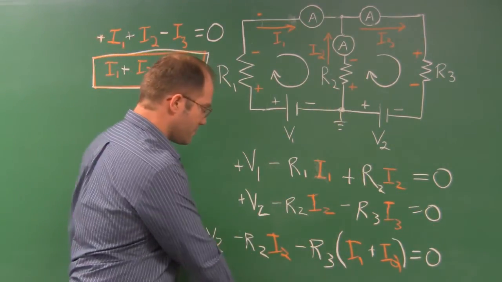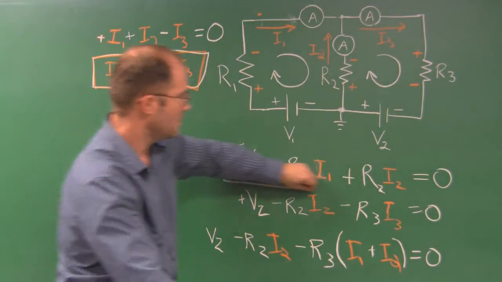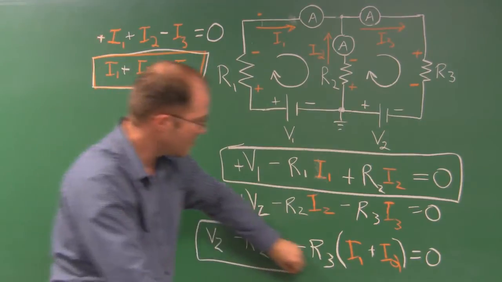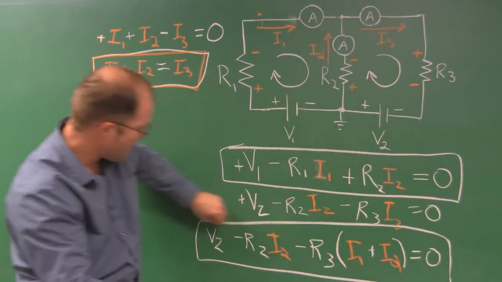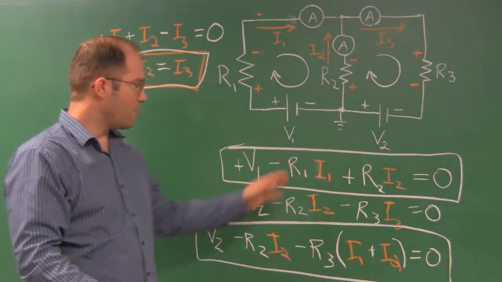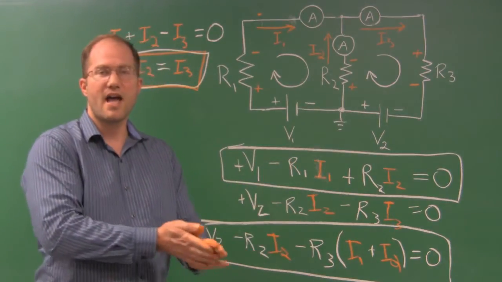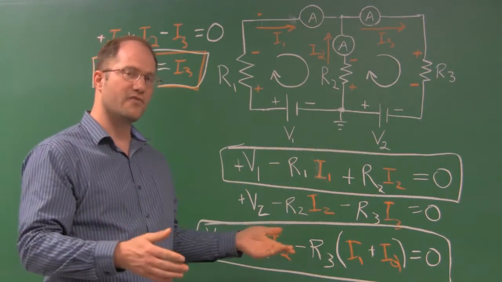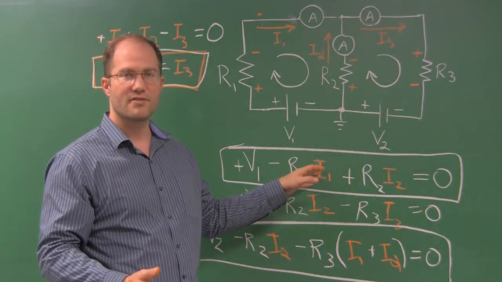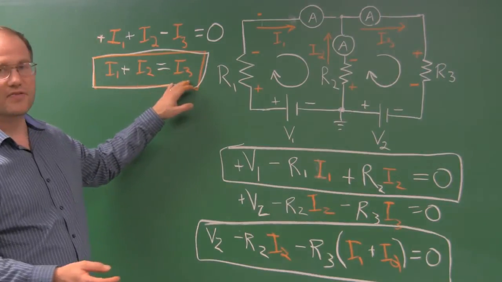And so now that I've made that substitution, I'm down to two equations, this one for the left-hand loop and this one for the right-hand loop, that have two unknowns, I1 and I2. And now, using some algebra, it'll be easy for me to solve for I1 and I2, and then to go back and find I3.